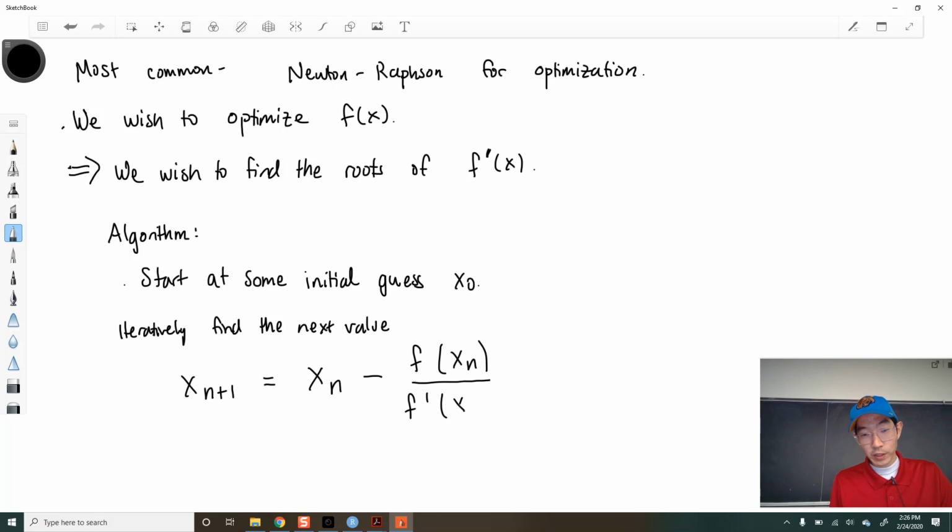This would be finding the roots of f, and to find the roots of f prime, I'm just going to change f to f prime, and f prime becomes f double prime. Is that okay?